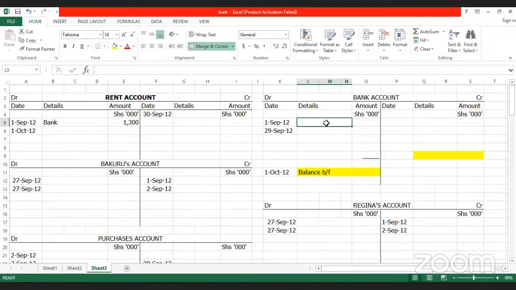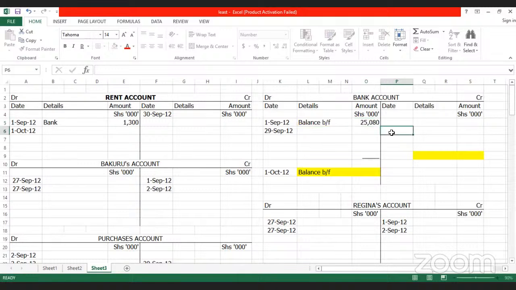Of course, they paid rent by check, meaning that they had some money on their bank account. So that is a debit balance. First enter that balance. Balance brought forward, 25,080.